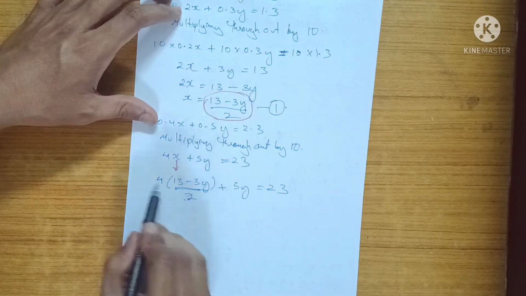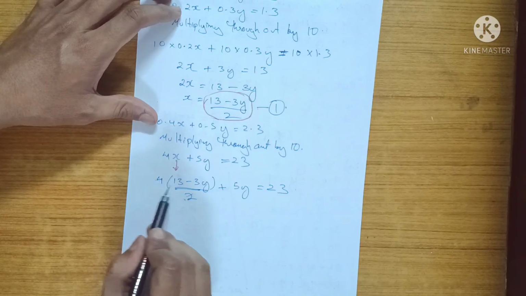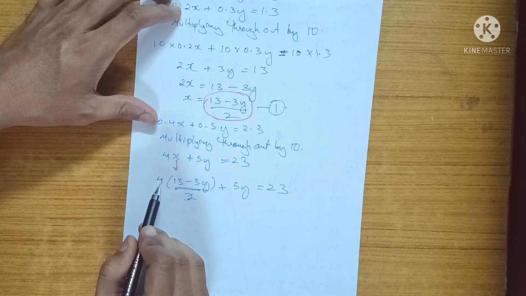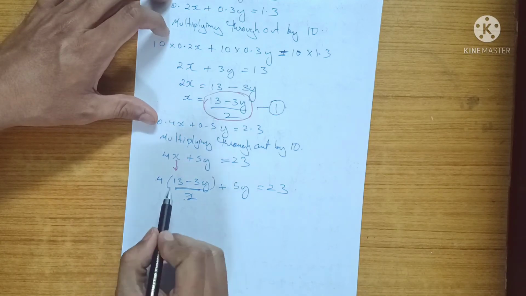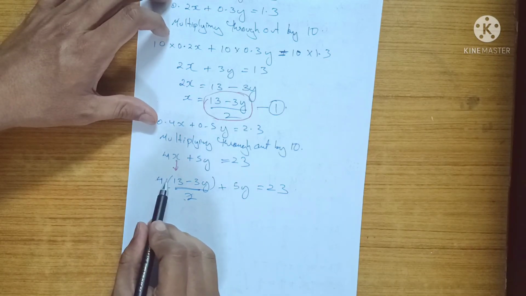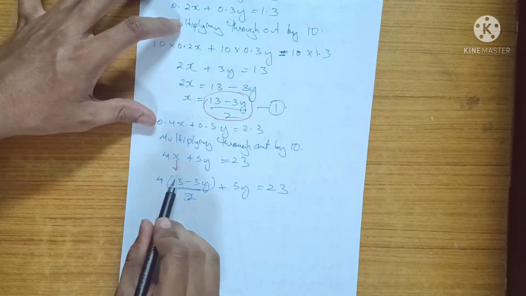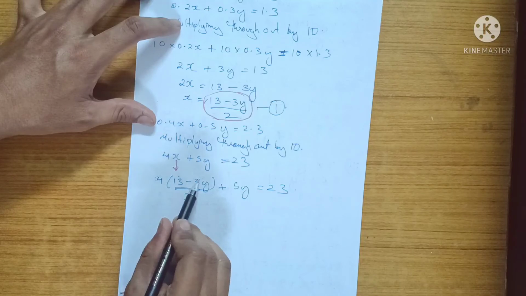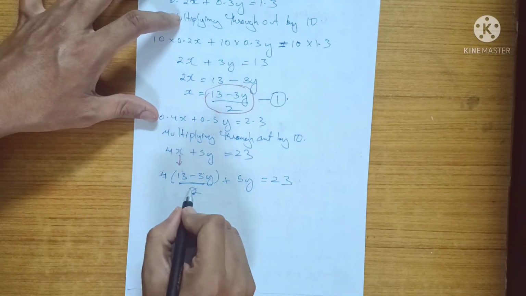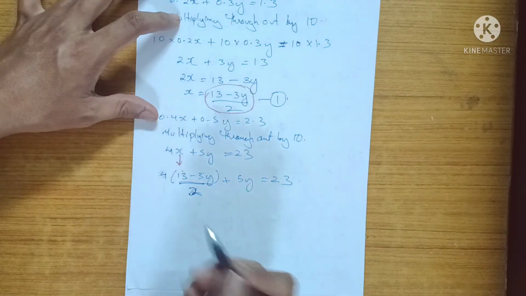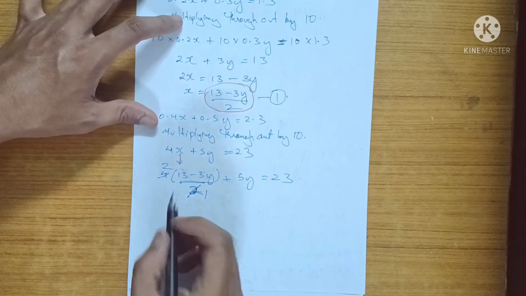But this 4 will multiply this and this, but this 4 will not multiply the denominator. In case you're confused over that. But for the timing, we can cut, so it's better to cut so that the calculation becomes simpler.